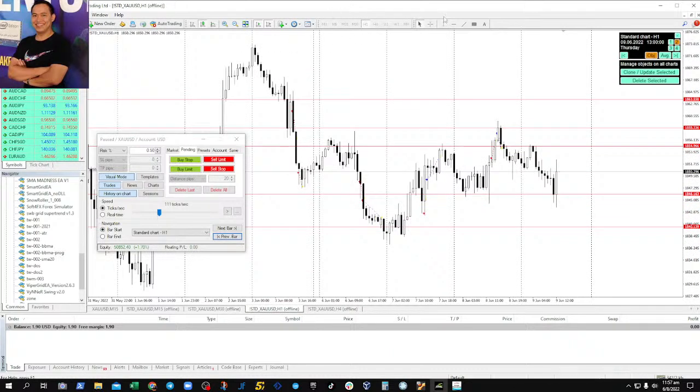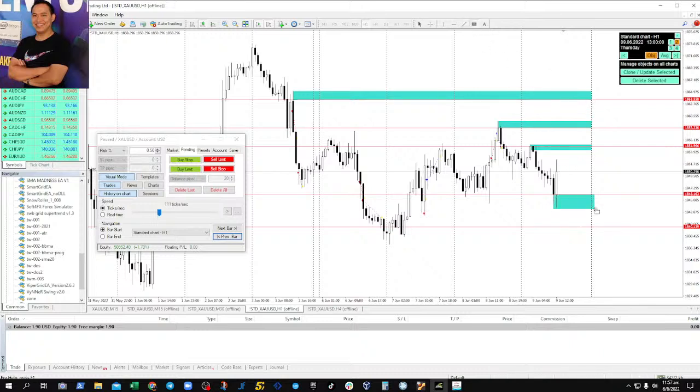Okay, H1 we mark SNR level as usual. SNR level, mark it until here. I mean SND zone, sorry. Mark this one as well. Then mark this support zone, supply demand zone.